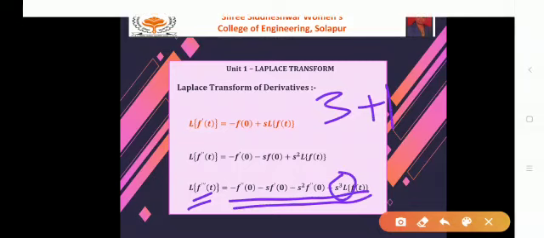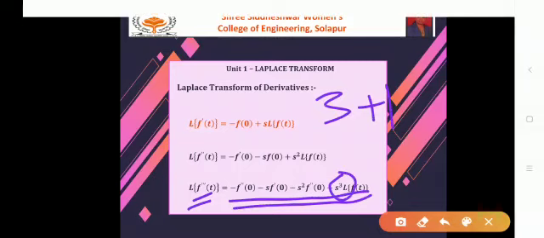So s cube, s square, s and s raised to 0, that is 1. Here s square, s and s raised to 0, 1. Here s and s raised to 0, 1. So minus f double dash of 0 minus s f dash of 0 minus s square f of 0 plus s cube into Laplace transform of f of t.